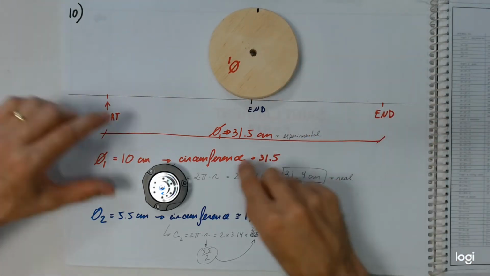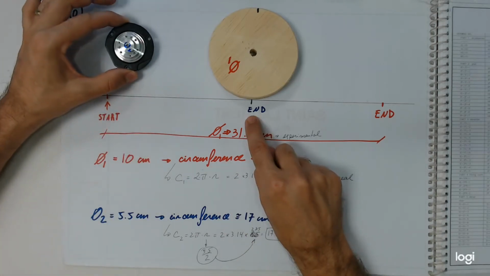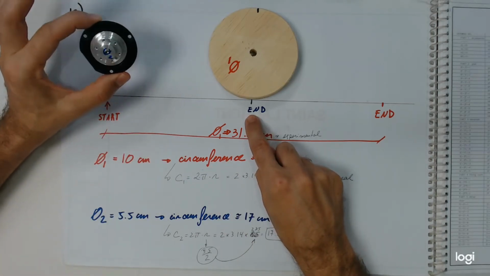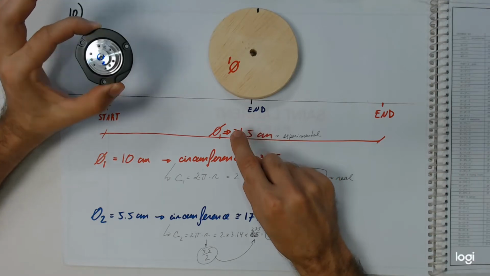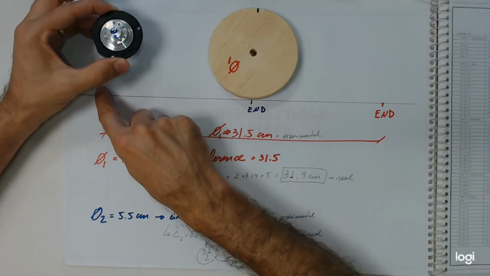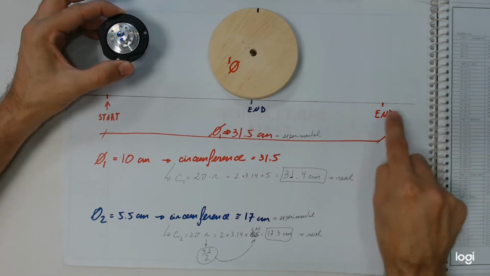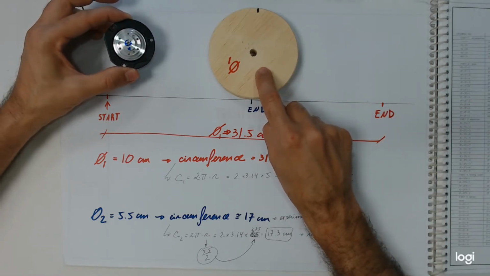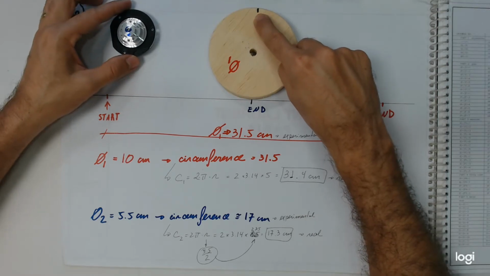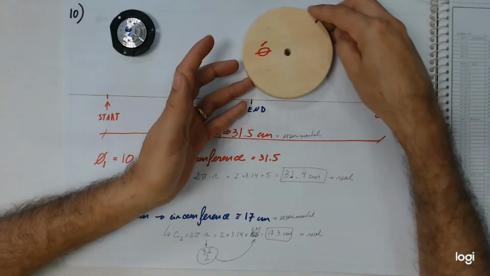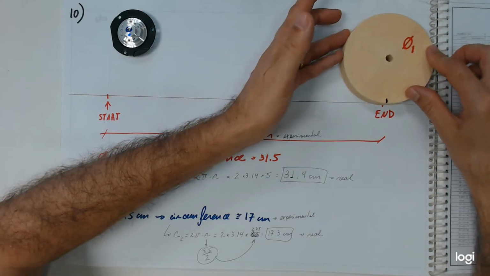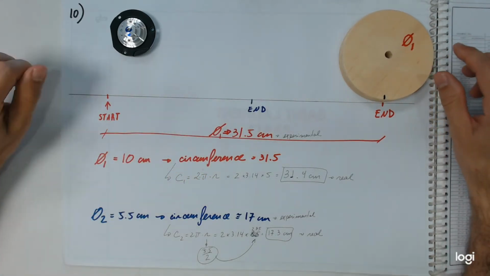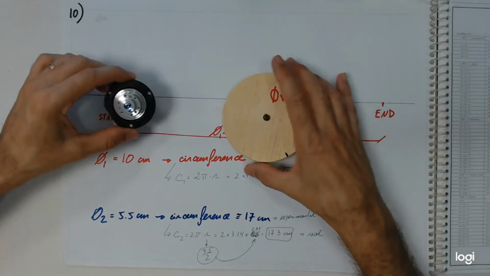This one, up to this point, this second wheel was able to make a full turn. Remember? Full turn from here to here. The big one had just a half turn. Look, the black dot is up there. And if I continue, it is going to end here.